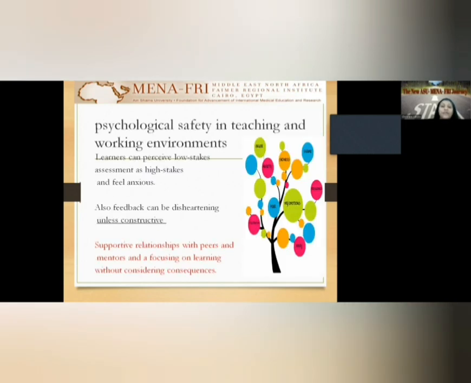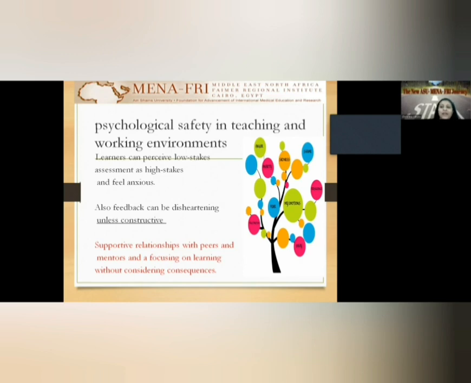During the Ottawa conference, some of the experts suggested the challenge of psychological safety in the teaching and working environment. Sometimes a learner can perceive low-stake assessment as high-stake, and programmatic assessment is made to be applied on a longitudinal, continuous scale for different domains at different times through different assessors.